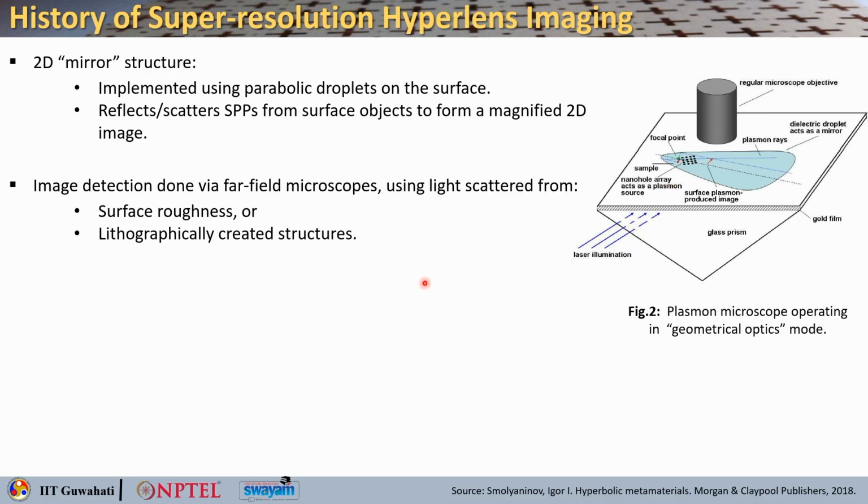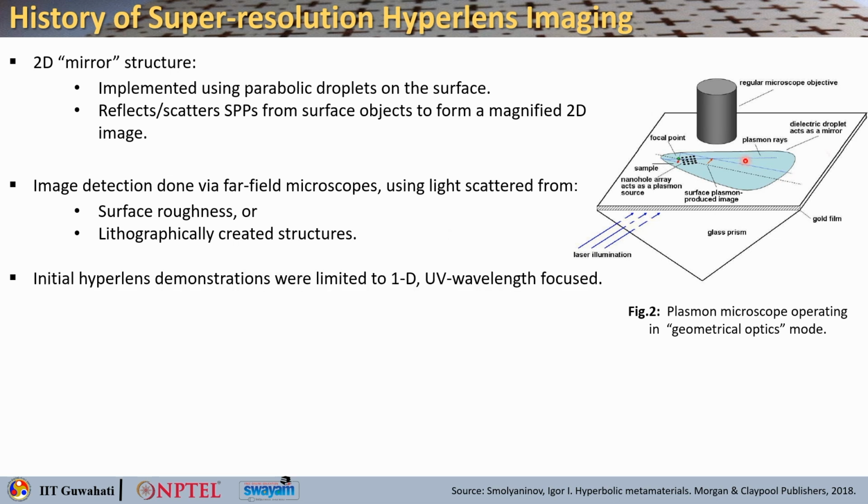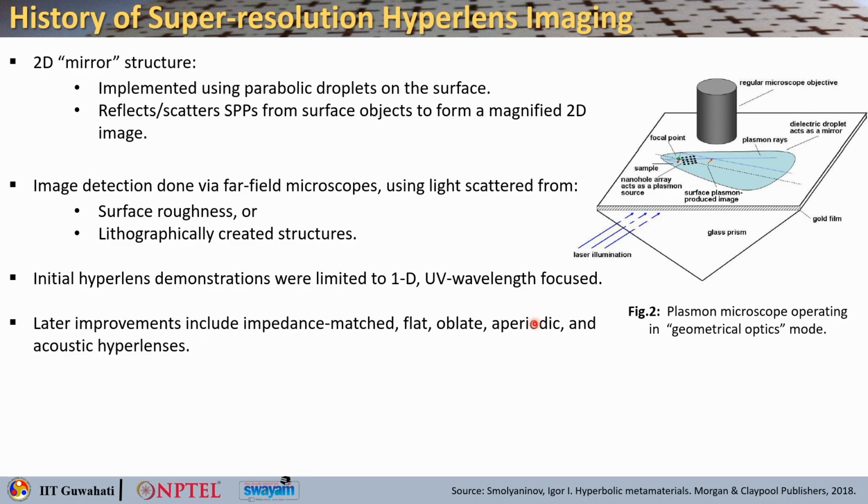The image detection here is also done via far field microscope, but using the light that is scattered from the surface roughness or lithographically created structures. Initially these hyperlens demonstrations were basically limited to 1D and focusing mainly on the UV wavelength range, as also discussed in the previous lecture.